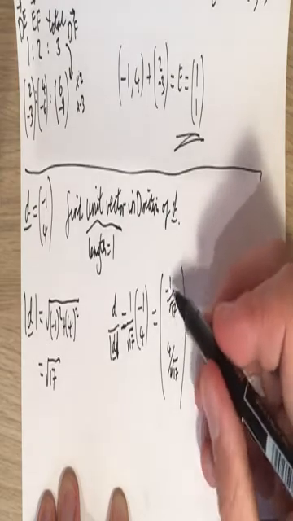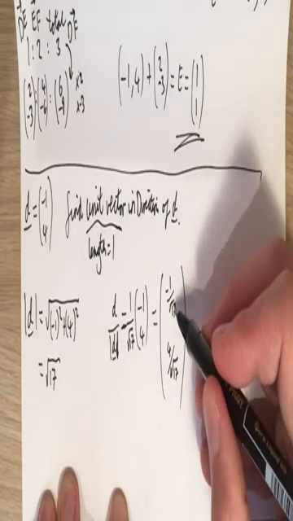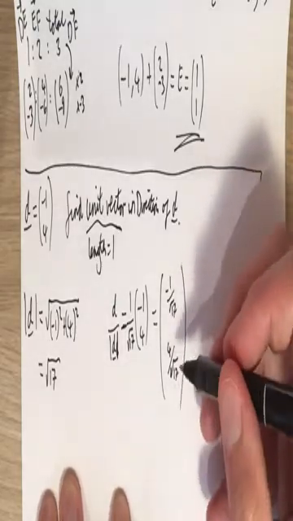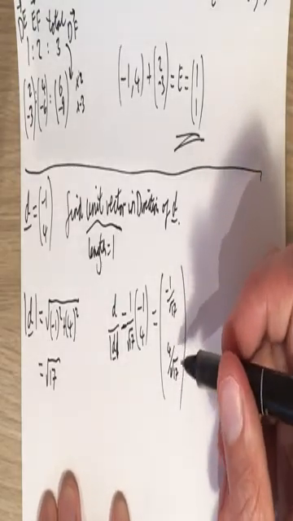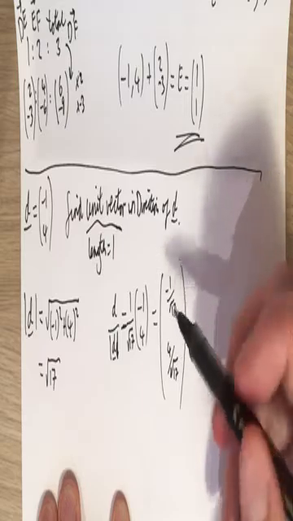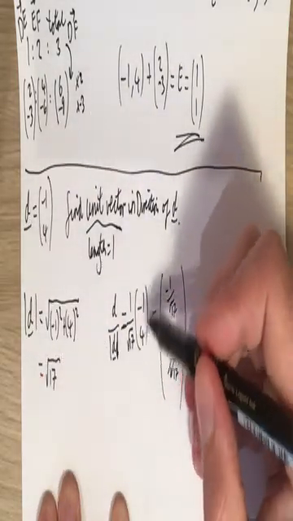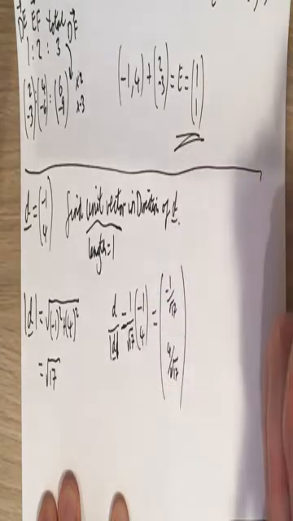So go left by 1 over root 17, go up by 4 over root 17. This vector, I guarantee you, is going to have length 1, and it's clearly parallel with D. It's clearly the same direction as D, because it's literally just D multiplied by a number.